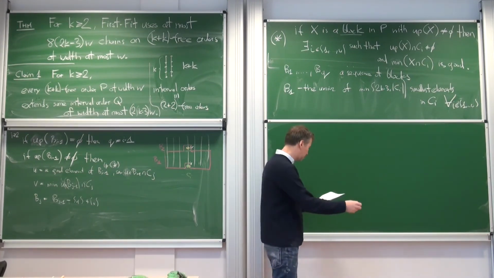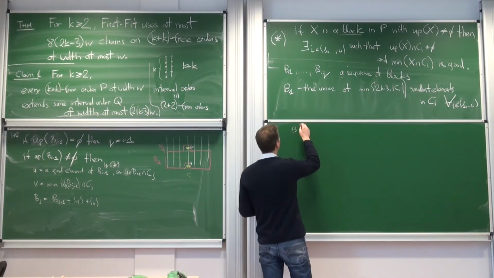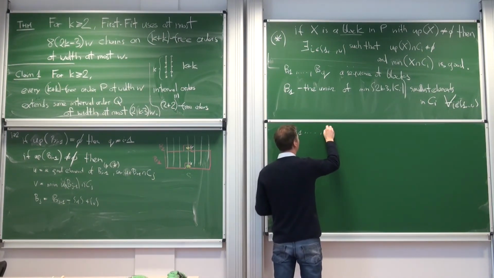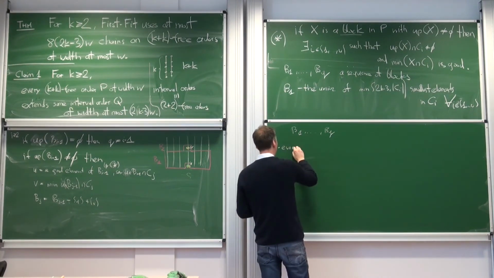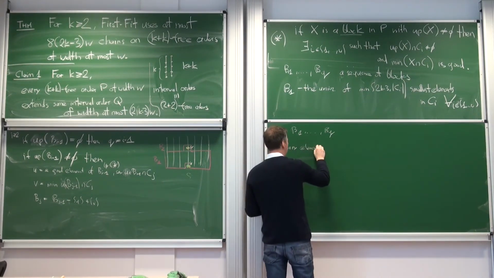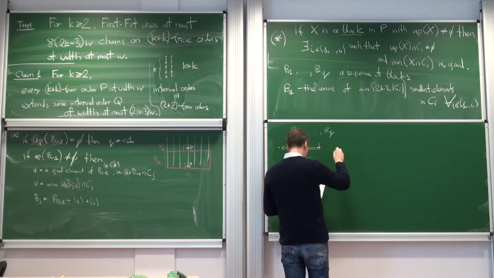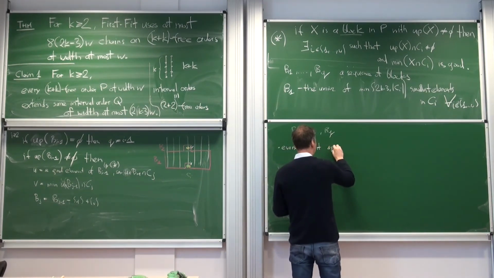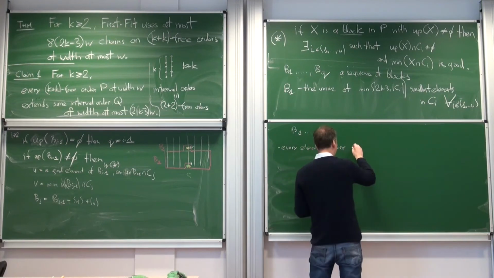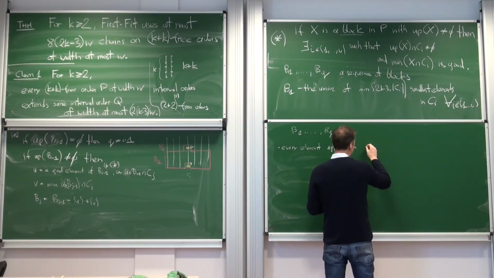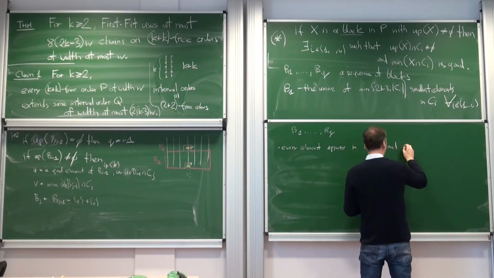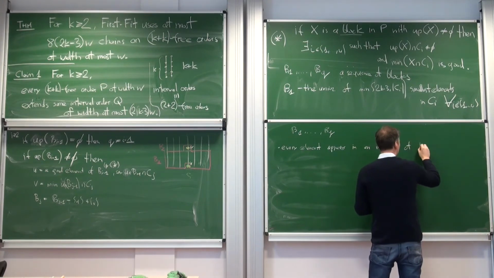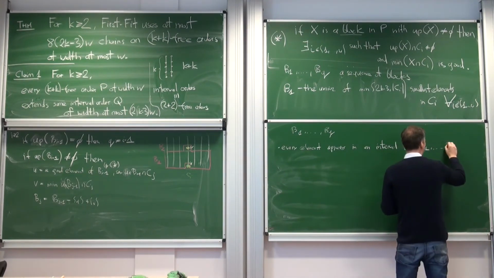So that sequence we consider again, B1 up to BQ, and now every element of the poset appears in an interval of the sequence B1 to BQ.